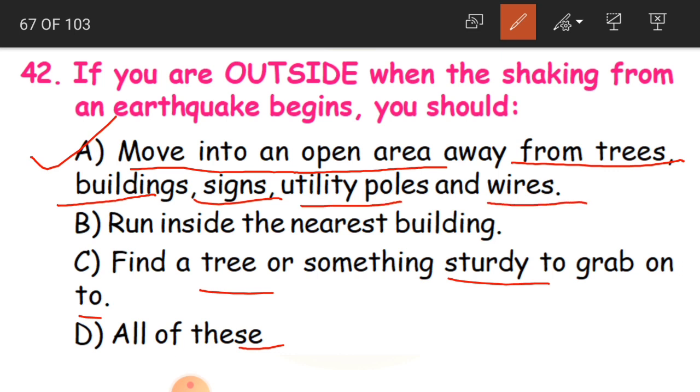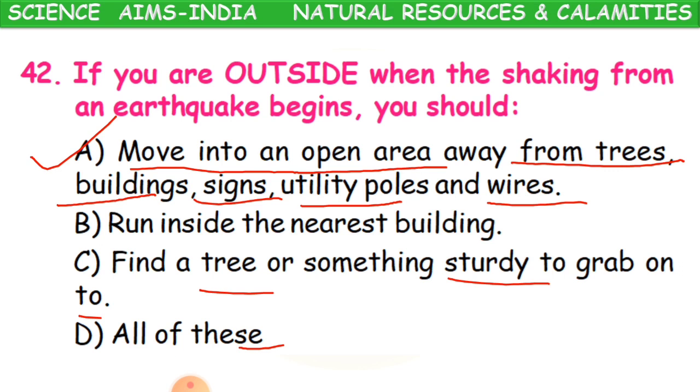What are utility poles, children? They are used to support the electric wires, cables, telephone wires and all that. We have to move away from all this and be in an open area. Then you will be protected from the earthquake. Clear, children? A is the correct answer.